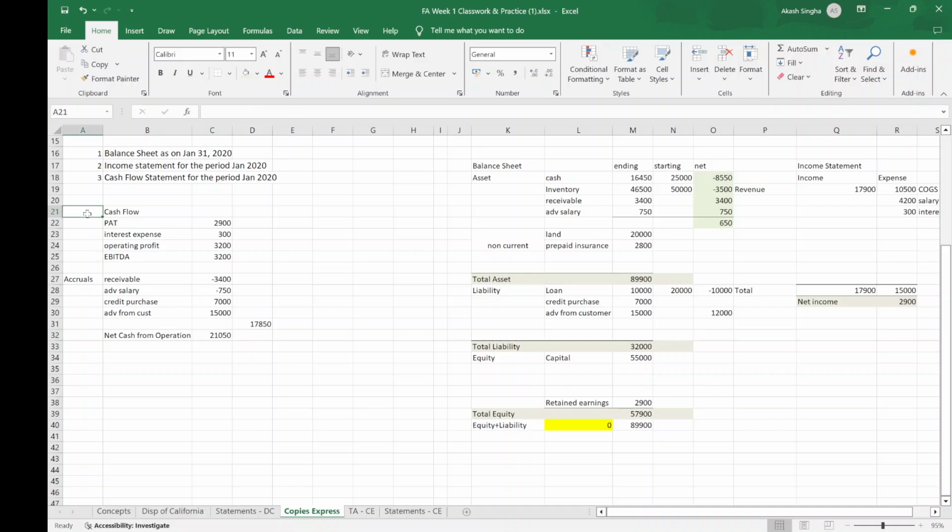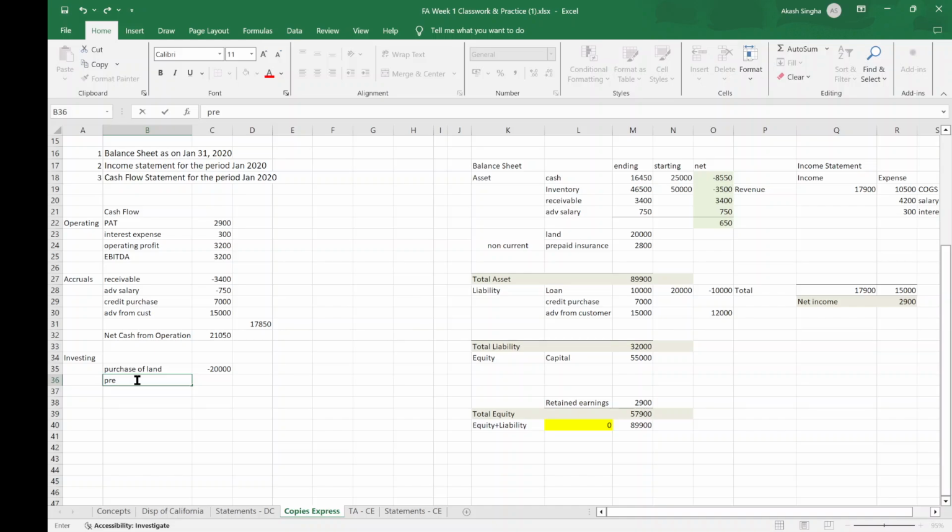For investing, we have done the purchase of land, minus 20,000.